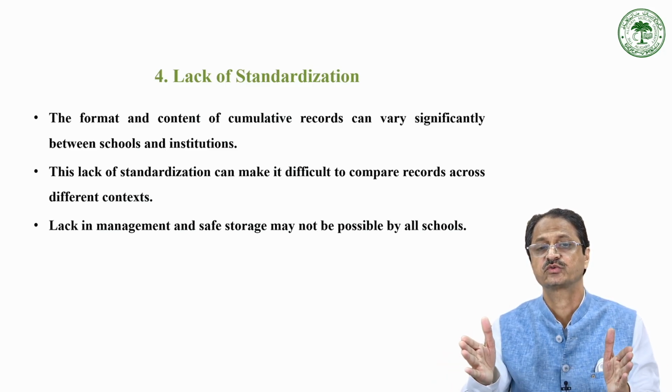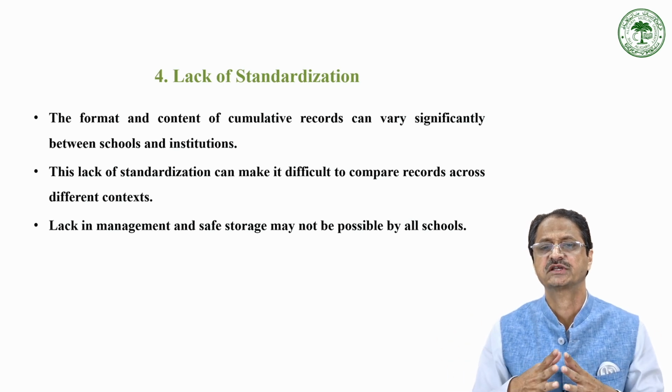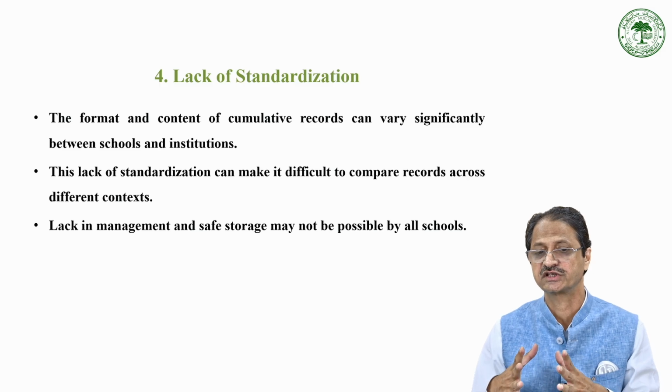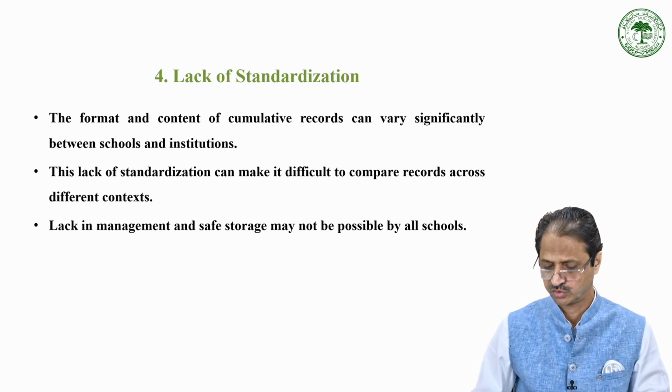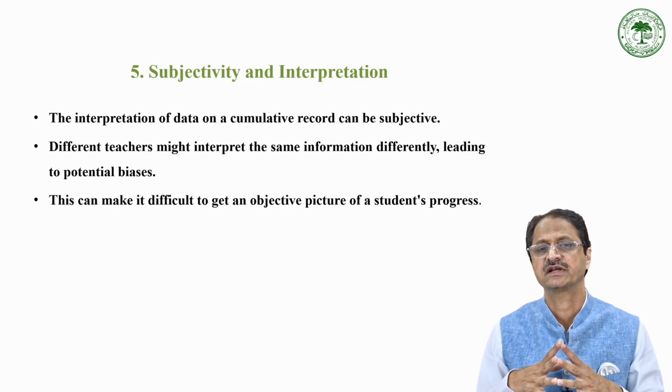So different institutions can present different types of cumulative records, which can be confusing on many occasions. Lack in management and safe storage may not be possible for all schools. If storage capacity is not available in the school, then it will definitely create difficulty.